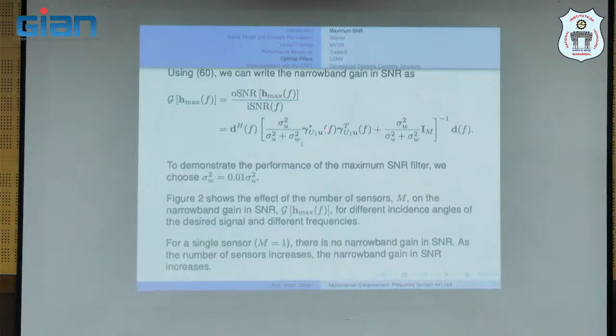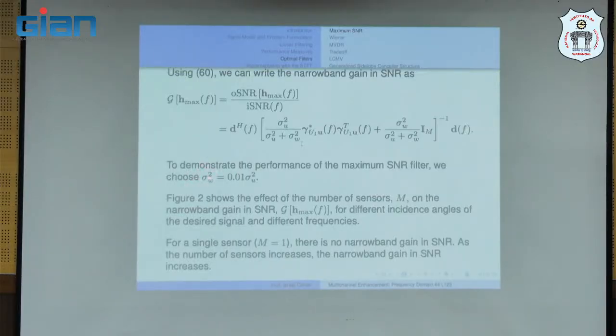And we can have a specific expression for the gain in SNR based on the direction of the directional interference. So we have this expression, and I encourage you to follow the steps one by one to see that you understand how to do that.